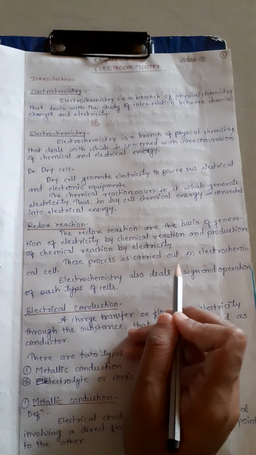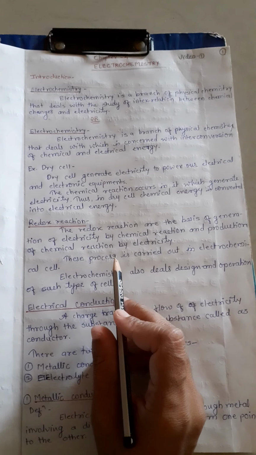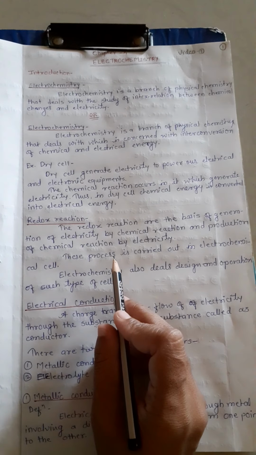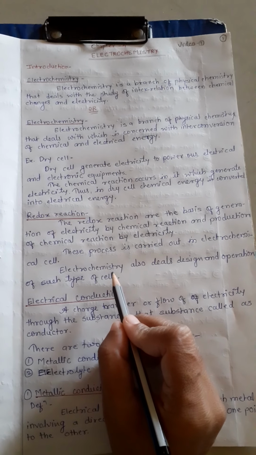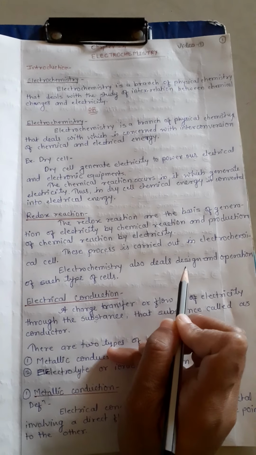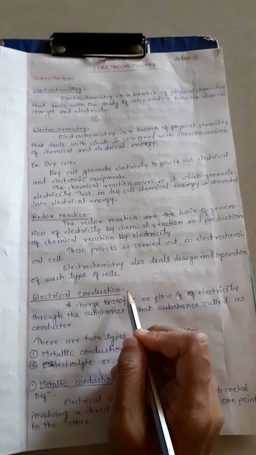This process is carried out in an electrochemical cell. This is called a redox reaction. Also electrochemistry deals with design and operation of such types of cells.